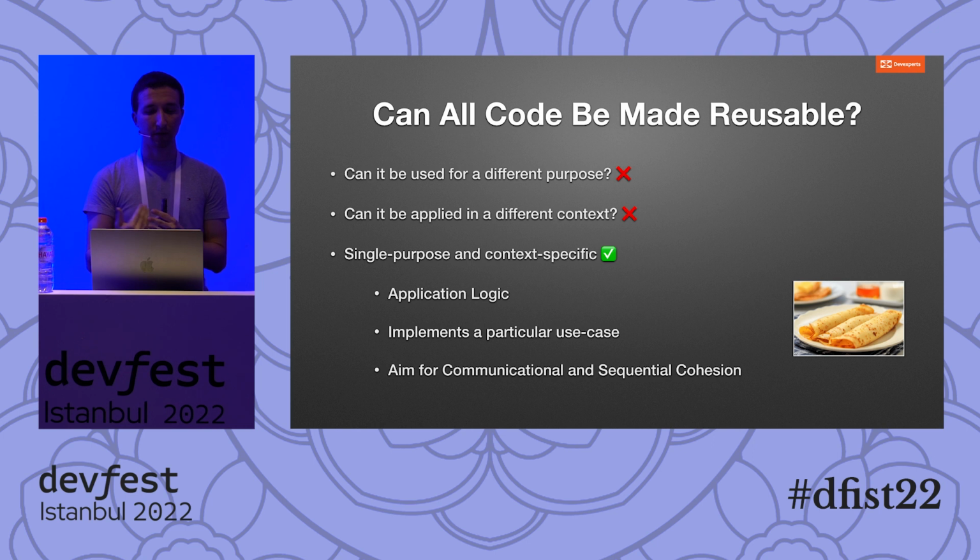And here the cohesion will be a bit lower. So here we could only aim for communication or sequential cohesion. Again, with the pancake recipe example, if I change something in my functions there, I will probably no longer end up with pancakes. I will end up with something that maybe cannot really be put on the table.